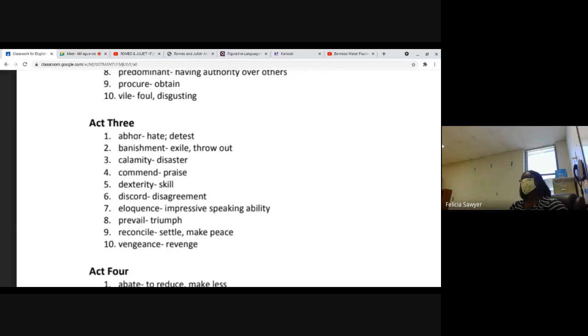Okay, let's look at the vocabulary for Act 3. If you look in Google Classroom under the unit materials, in the folder called The Life of Shakespeare: abhor means to hate or detest. Banishment is exile, to throw someone out of their community.